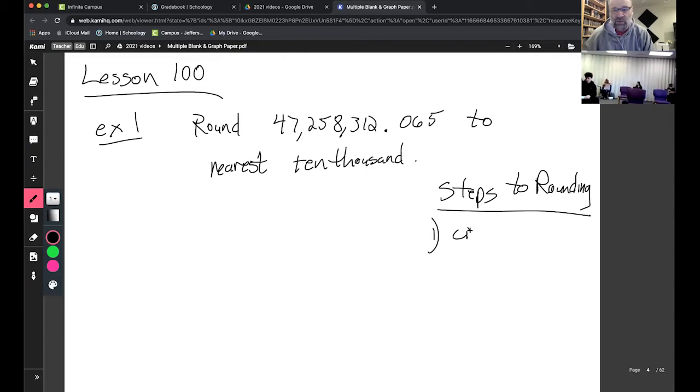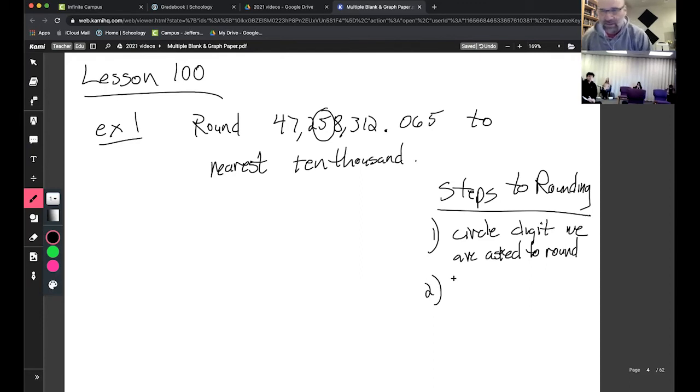So what we're going to do is circle the digit that we're asked to round. So we're circling the digit we are asked to round. Okay, so that is the 5 here, because that's in the 10,000s place.